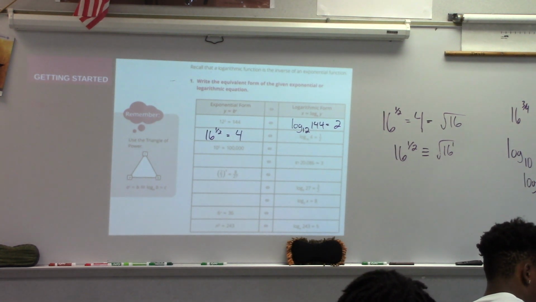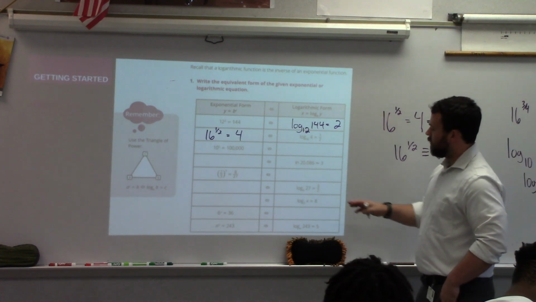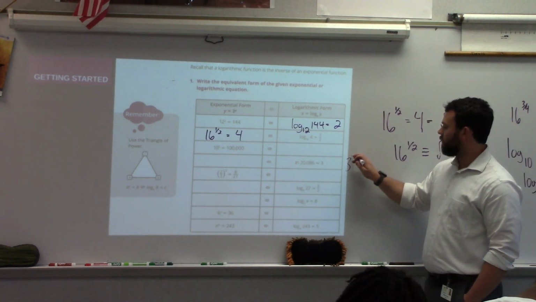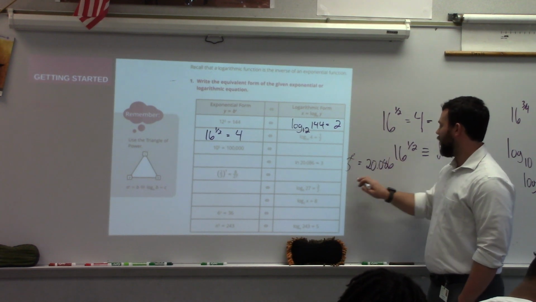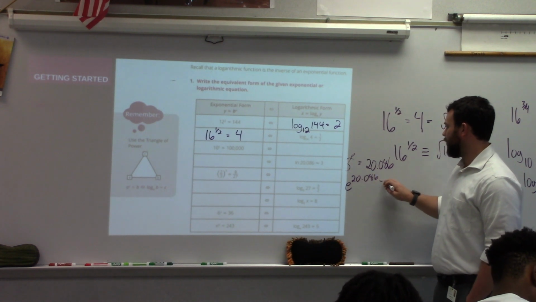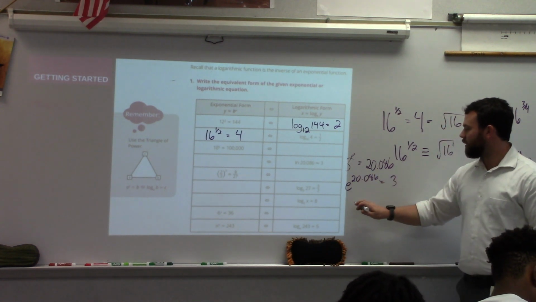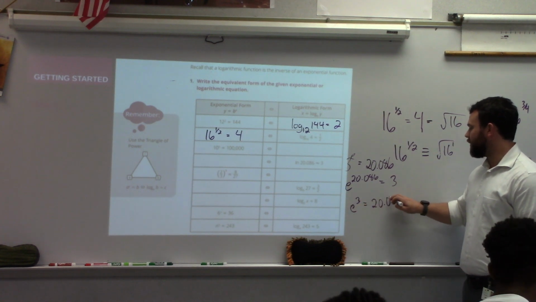Which one are you looking at? I said the fourth one was the one that, 3 raised to E. So, I've seen 3 raised to the E equals 20.086. I have seen E to the 20.086 equals 3. And I have seen E to the third equals 20.086.